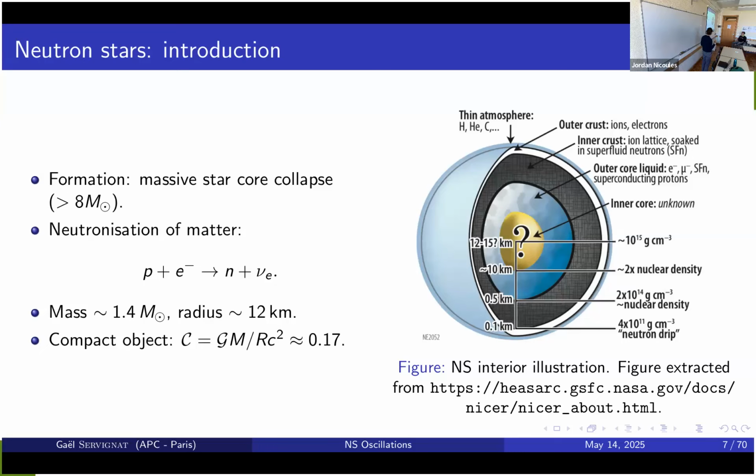A lot of neutrinos will be emitted in the process, by the way. And in the end, after some other processes like cooling, you get an astrophysical object which is approximately the mass of the sun, and I would like to say it is the size of Paris. So you put the whole sun just in Paris.